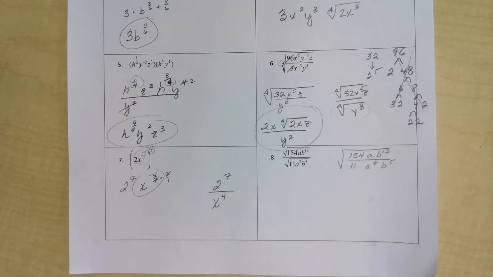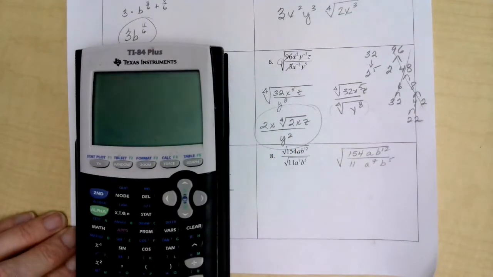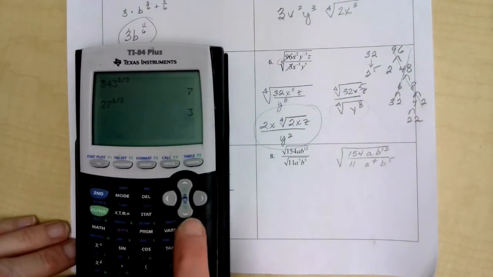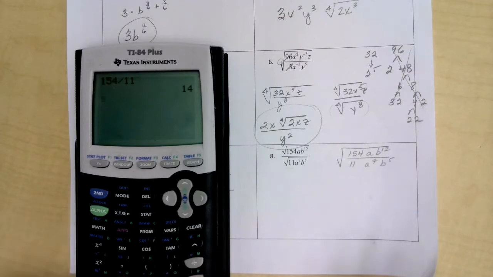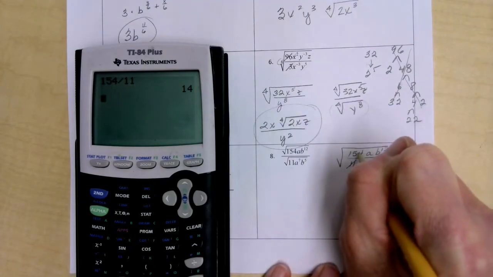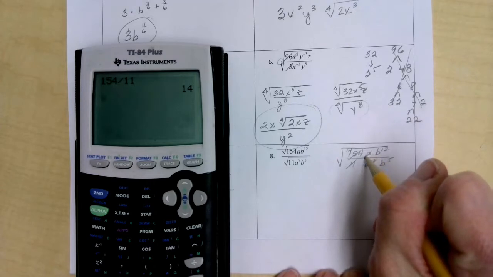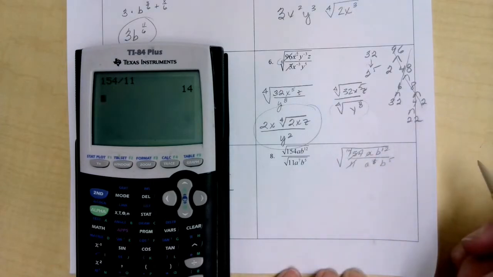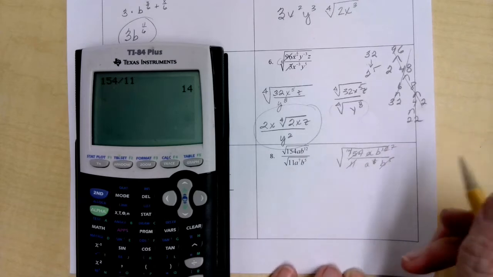So 154 divided by 11, let's go ahead and take a look at that. 154 divided by 11, it's 14. So I'm going to cancel this out, and this is 14. This 1a is going to take away from one of these a's. These 5 b's is going to take away 5 of those b's.